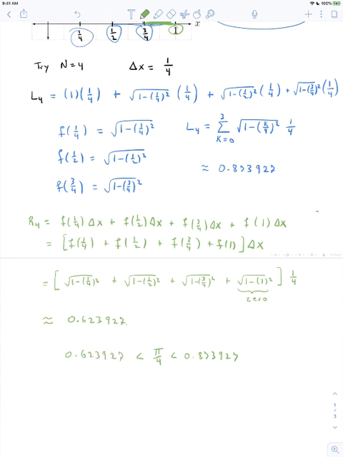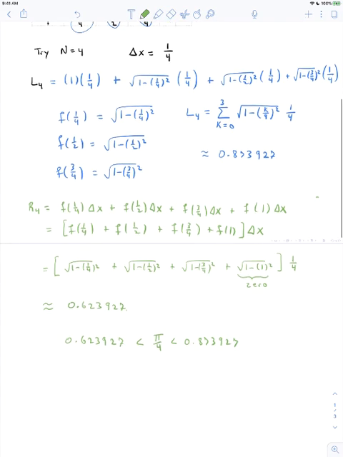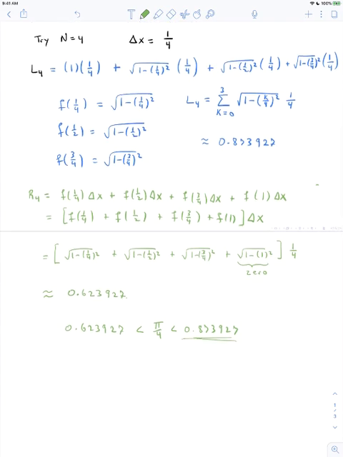0.623927. If we want to have some idea of how good our approximation is, or our two approximations are, we can always measure the distance between these two numbers. We know that pi over 4 is between the two, so pi over 4 is going to be closer to 0.623927 than the upper bound of 0.873927 is to 0.623927.